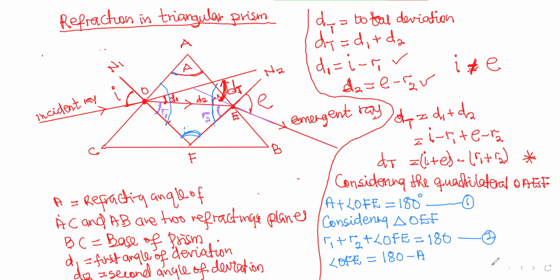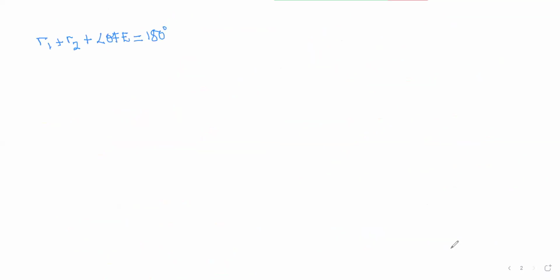So if you substitute what we had for angle OFE, 180 degrees minus A, you have R1 plus R2 plus 180 minus A, which is equal to 180 degrees.